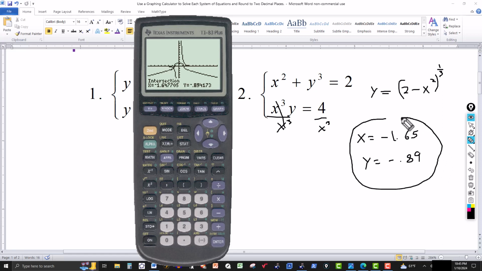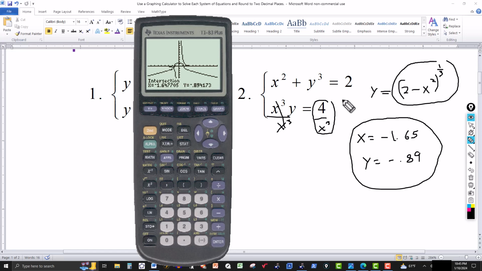This is your solution here. You can write that as an ordered pair, and we could also solve this the other way, setting this equal to this y over here, and then bringing it over to one side to make one side 0, and then calling that y1.